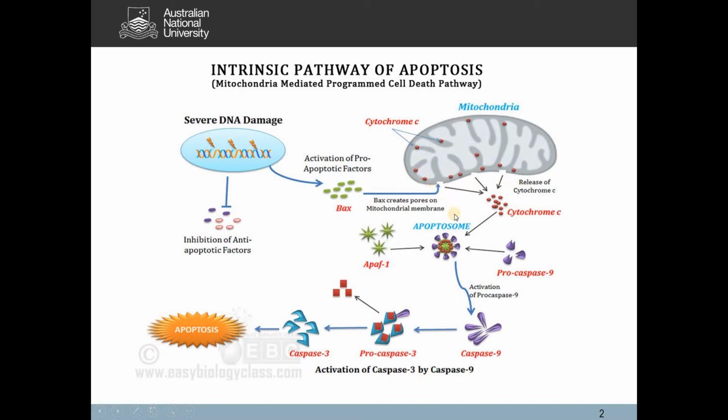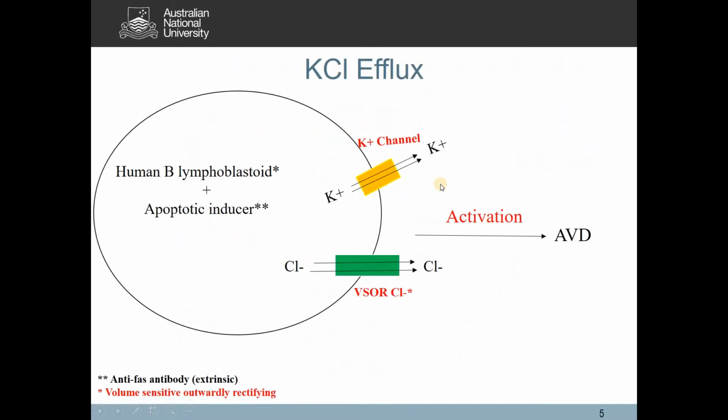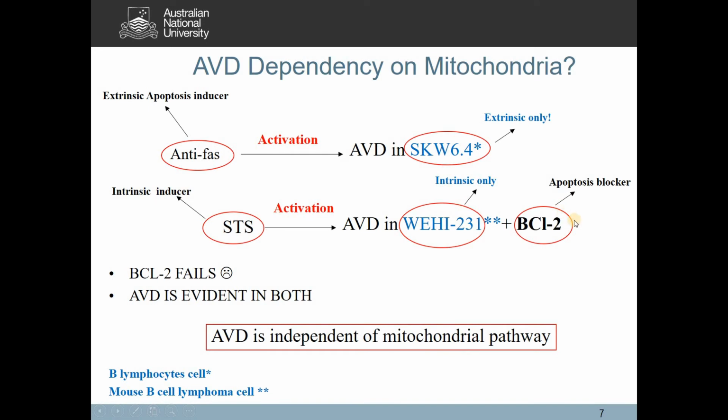So cytochrome C would not be released, and hence cytochrome C would stay inside the mitochondria, and we would prevent apoptosis from occurring, because there is no release of cytochrome C to form the apoptosome, right? So BCL2 is preventing BAX from forming a pore inside the mitochondria. So even in the presence of BCL2, we still observe AVD occurring.